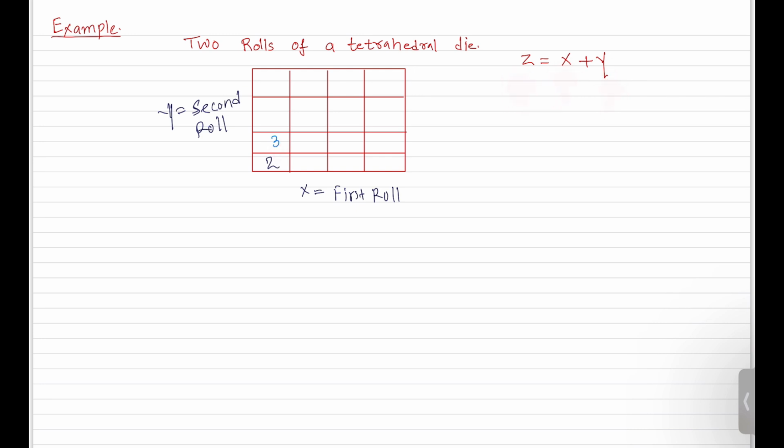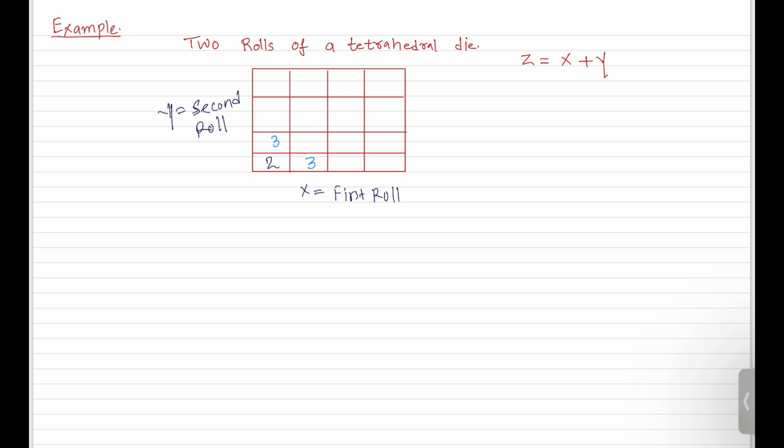That is 3, right? Similarly, we carry out the experiment and maybe we get 2 on the first roll and 1 on the second roll. So again the random variable z will take the value 3, right?